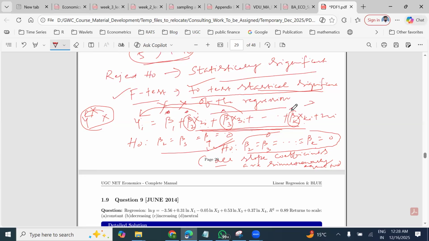This is the population regression when I am not using hat. Whenever there is no cap, it means it is PRF. Ultimately we test PRF only.